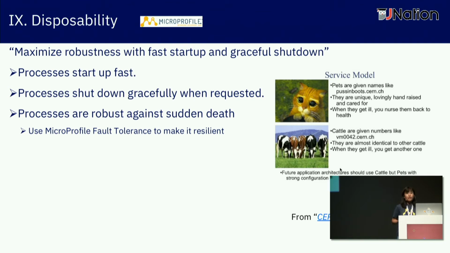The next one is disposability. I mentioned a lot about deploying microservices to the cloud. When you build a microservice, obviously your next aim is where it should be deployed. The obvious answer is in the cloud, no matter whether it's a private cloud or public cloud. If it's in the cloud, every minute it's running, it will consume resources and cost you money.